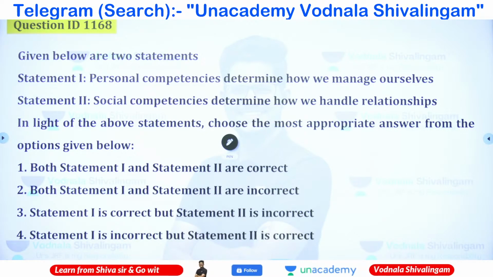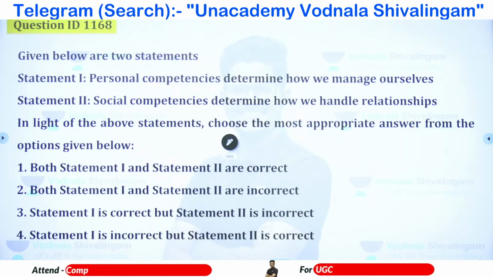Which of the following statements are correct? Personal competencies determine how we manage ourselves.